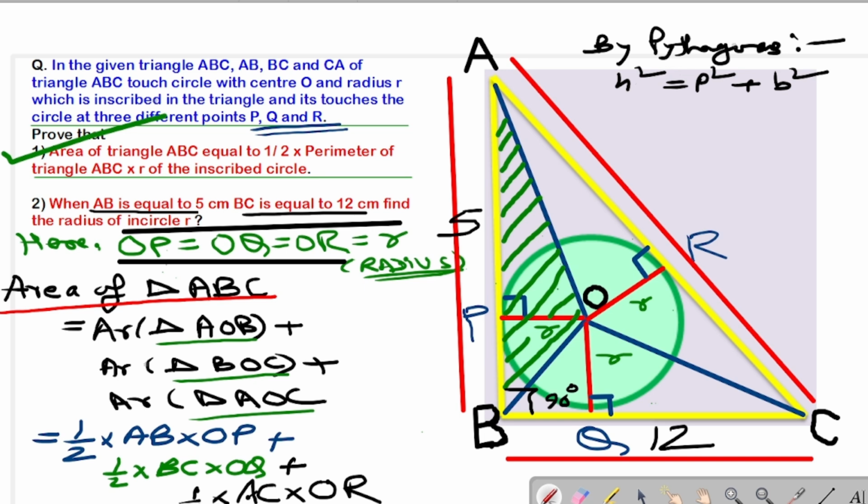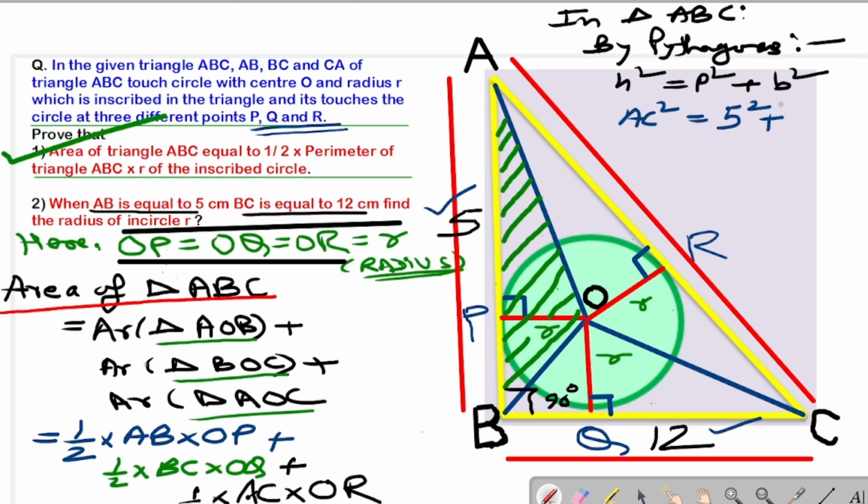Here angle B is 90 degrees, and by Pythagoras theorem, h square equals p square plus b square. Here h is AC. So putting the values, in place of h write AC, so AC square equals P square. Perpendicular is AB.